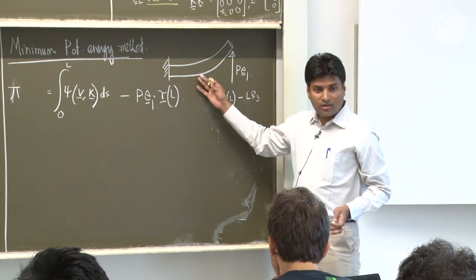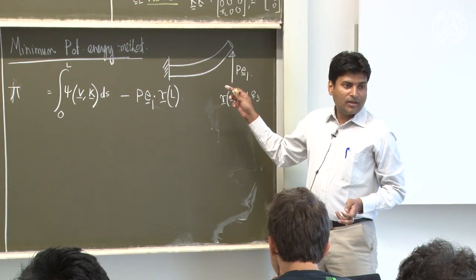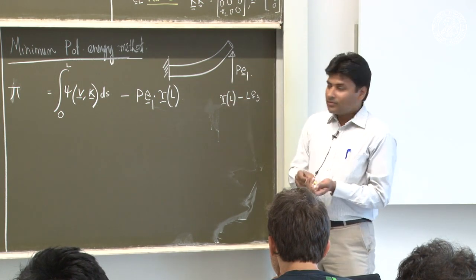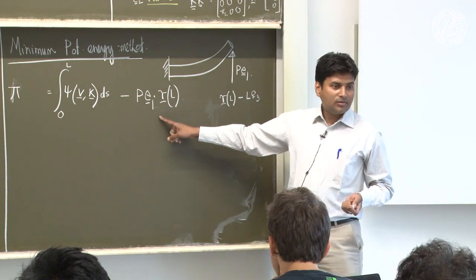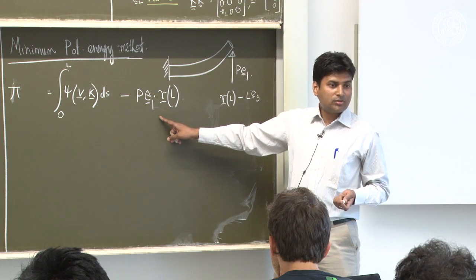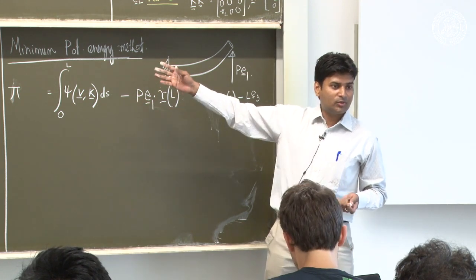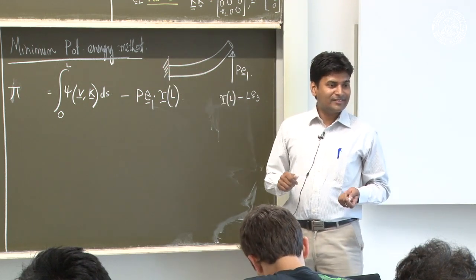Think of this rod and the person who is applying this load, and then you write the energy of that closed system. This part is the energy of the rod, and this part is the energy lost by the person, because he did some work on the rod, so he lost some energy. So his energy reduced, therefore it comes with a minus sign. That is the total energy of the closed system, and that is something we should minimize, right.